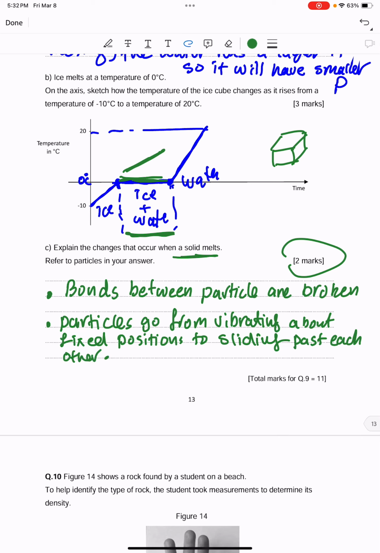You can say that, or I prefer this third one. 2 points out of these three are going to be enough, but you can use this or this, up to you. You can say that the particles get farther apart from each other.